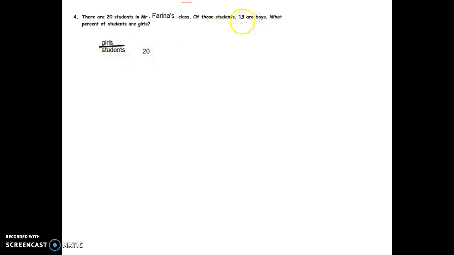For girls, it doesn't tell us, but it says there are 13 boys. So how do I figure out how many girls there are? Well, it's going to be 20 minus 13, and that equals 7. So that's how we get our rate of girls to students, 7 over 20.